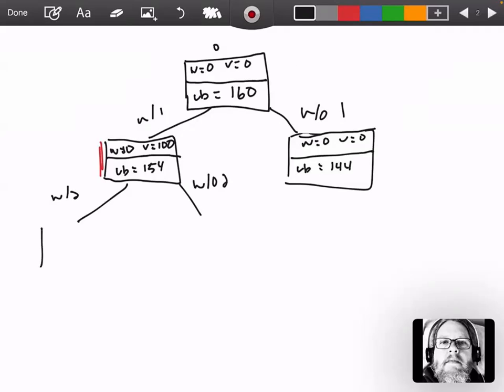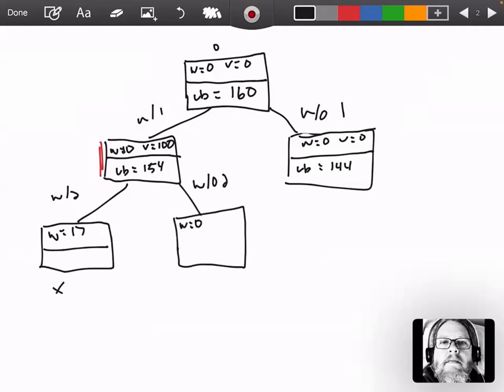If we do a with 2, that gives us a weight of 17, which is not feasible. With the without 2, we still have the weight of 10 and the value of 100. But our UB has dropped to 142, because we can't use that second item.